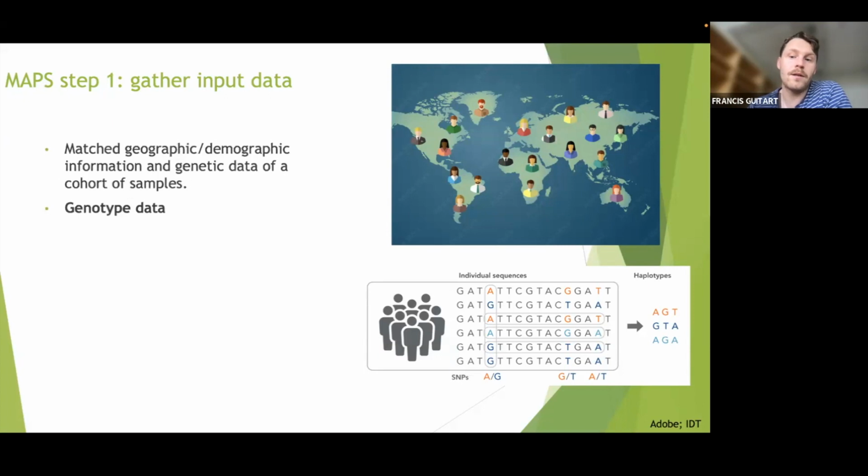And what comes next is genotyping that genomic data. And what that means is to basically go across a given reference genome and determine the two alleles that a sample has over given polymorphic sites, as shown in this example image here.